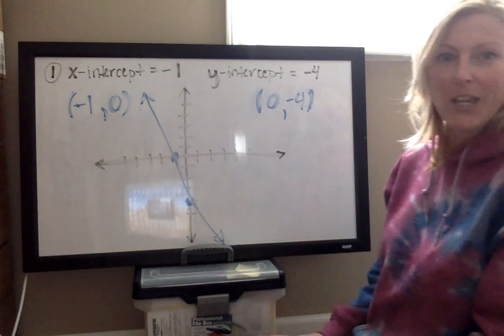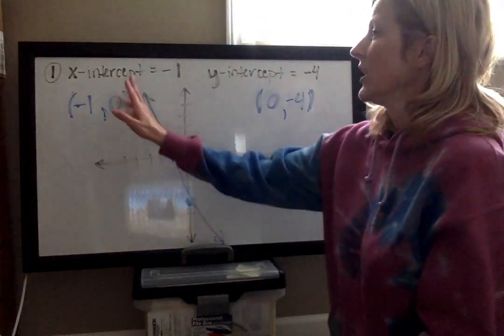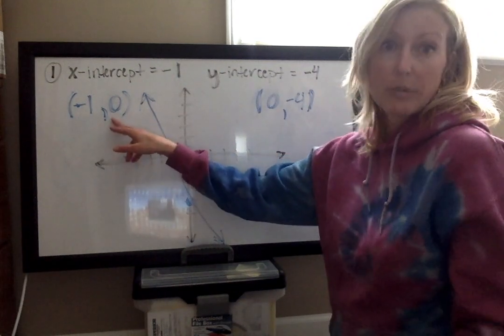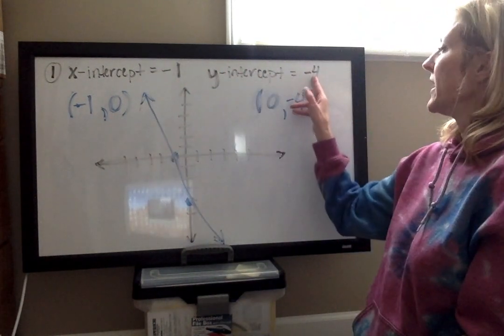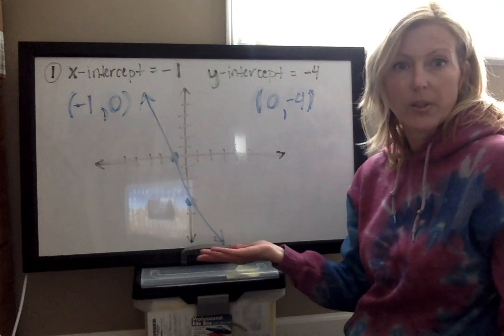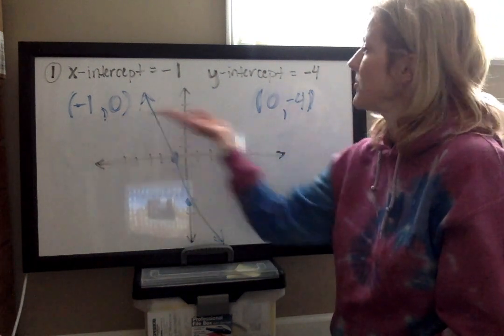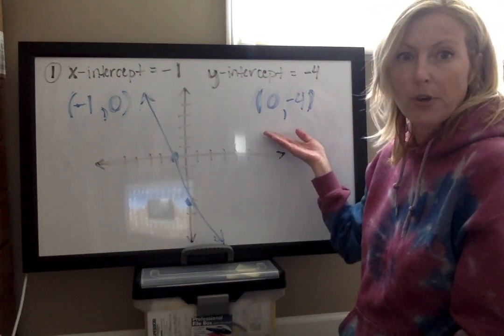So that should be pretty easy to remember. You know what the x is, so your y is going to be 0, and you know what the y is, so your x is going to be 0. So that's how you write the x-intercept and the y-intercept in ordered pair form.